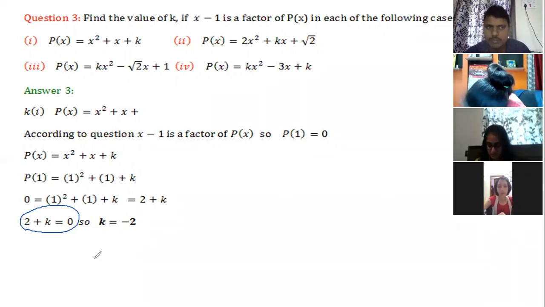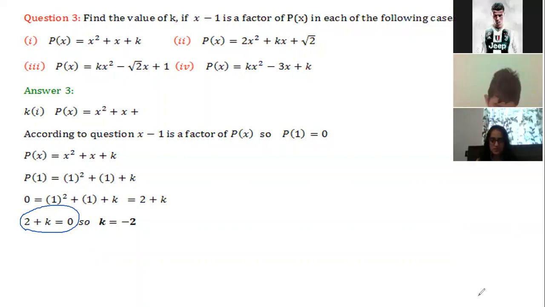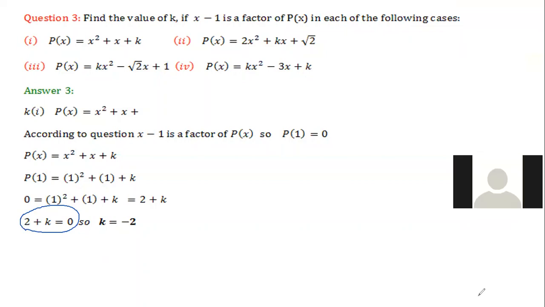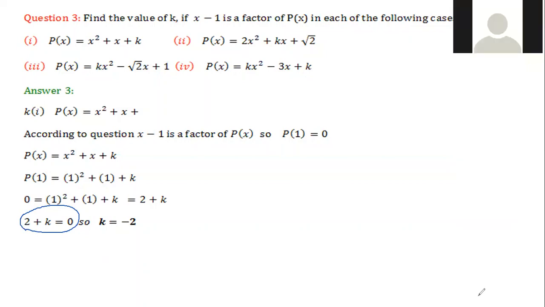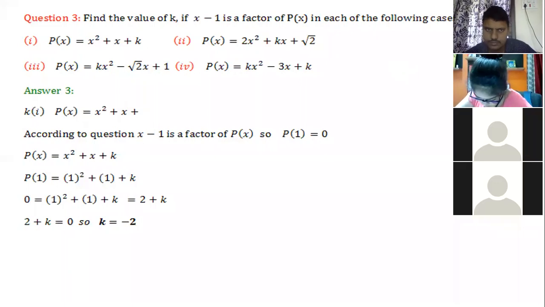Aditya, try the fourth one and tell me. Can I say the fourth one? So what's the answer for the second one, sir?